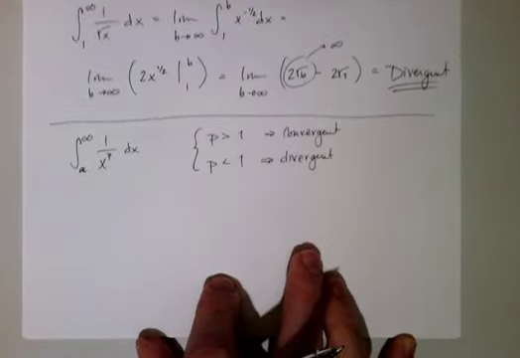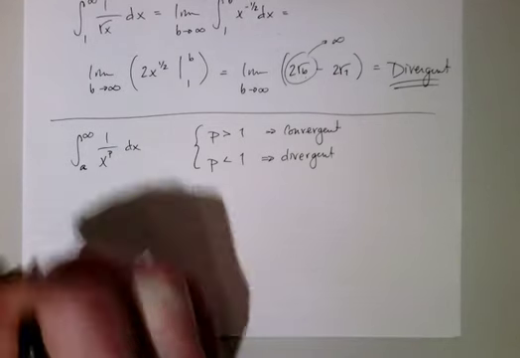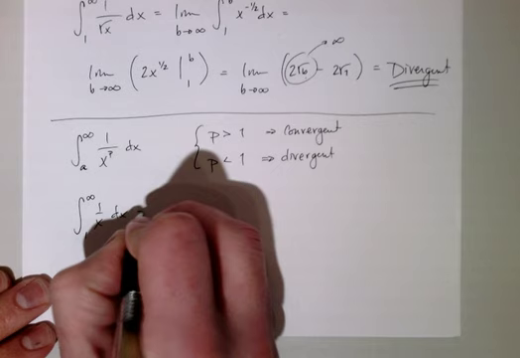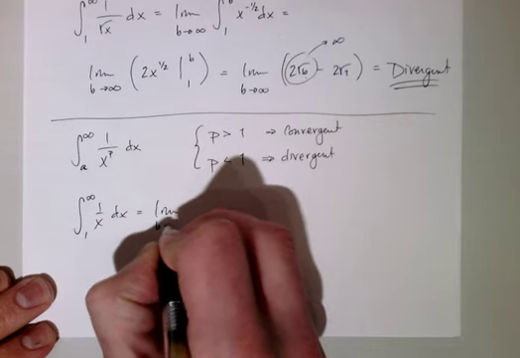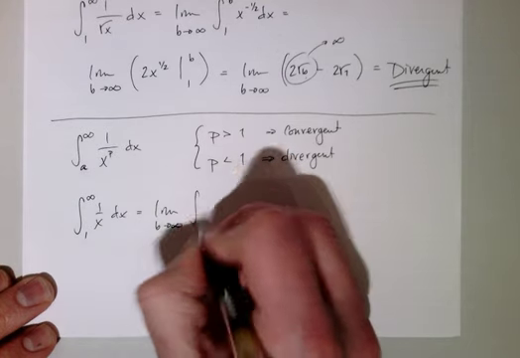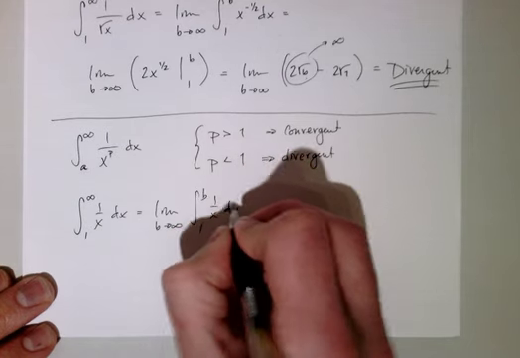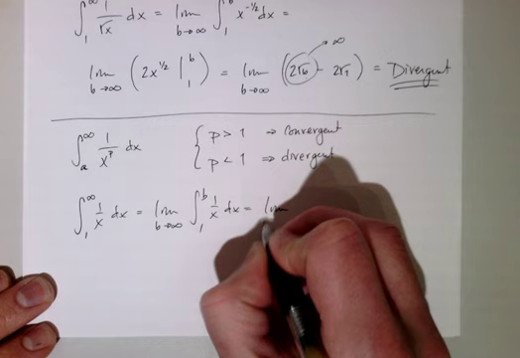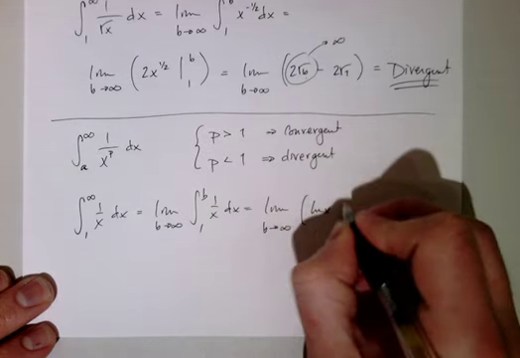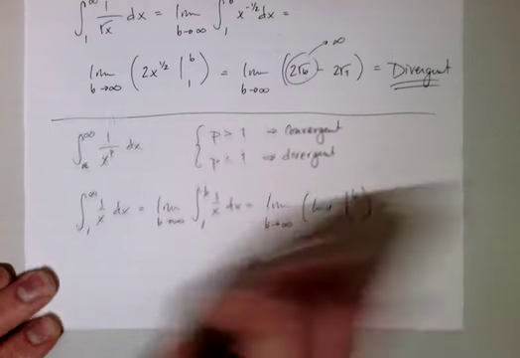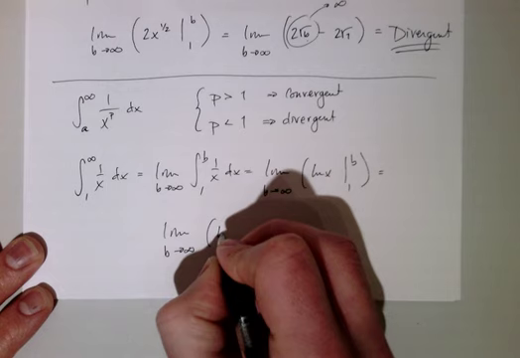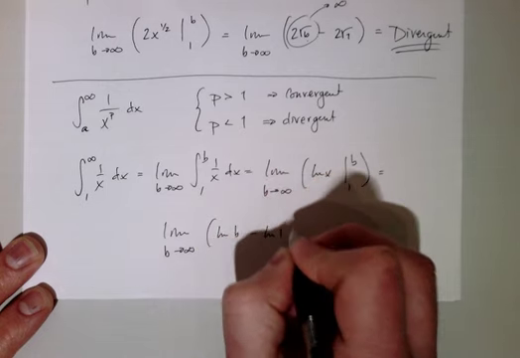Well, when it's actually equal to 1, and let's go 1 to infinity of 1 over x dx, I recognize that it's going to wind up being a natural log function. From 1 to b of 1 over x dx winds up being the limit as b approaches infinity of natural log x from 1 to b, or the limit as b approaches infinity of natural log b minus natural log 1.